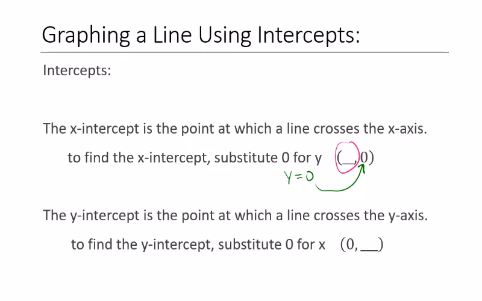The same thing if we're looking for the y-intercept: that's the point that crosses the y-axis, and we want to substitute 0 for x. So that's where x equals 0, and our coordinate will be 0 comma something. Anytime you have 0 comma something, that's on the y-axis.